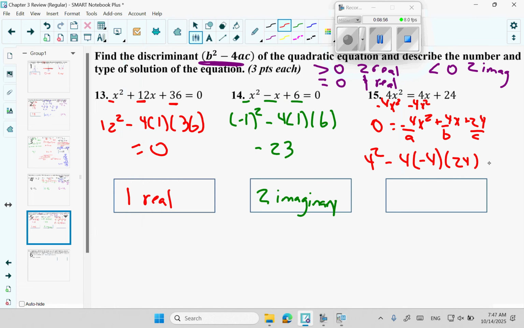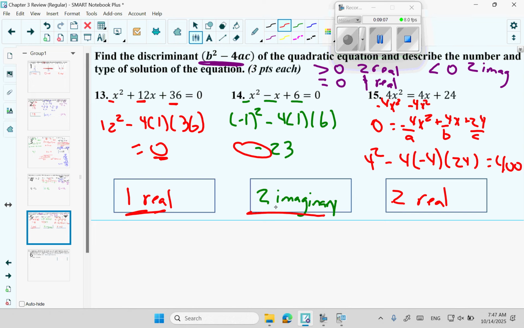And we get 400. So we would say we have 2 real solutions. So remember, if it's 0, 1 real. If it's a negative, 2 imaginary. If it's a positive, 2 real.